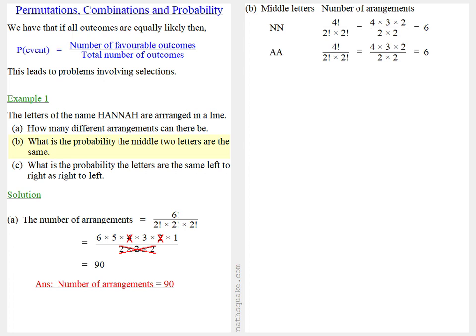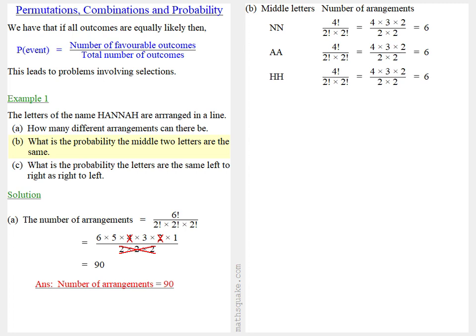If the 2 middle letters are A and A, we have the same situation. There are 4 letters left behind, and there are 2 pairs of letters that are equal. So again we get 4 factorial over 2 factorial times 2 factorial, which works out to be 6.